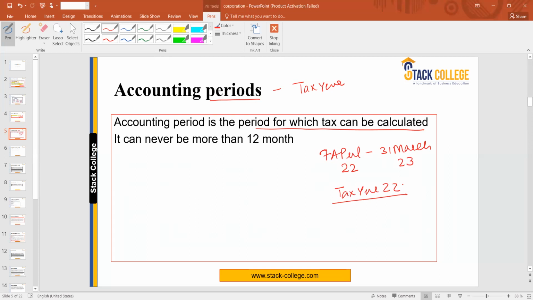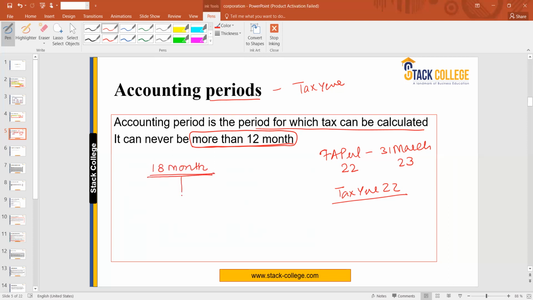A tax year can be of 12 months. It can be of less than 12 months, but a tax year can never be more than 12 months. In the case of an individual business, it can be more than 12 months, but in the case of a corporation, it can never be more than 12 months. So if the accounting reference period is, suppose, 18 months, then the tax year can never be more than 12 months.